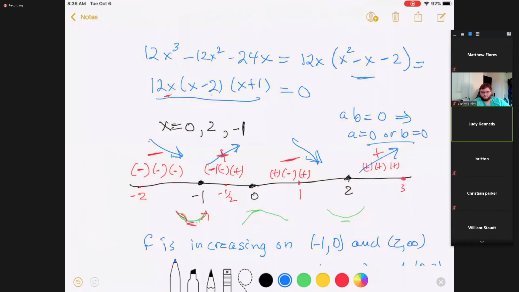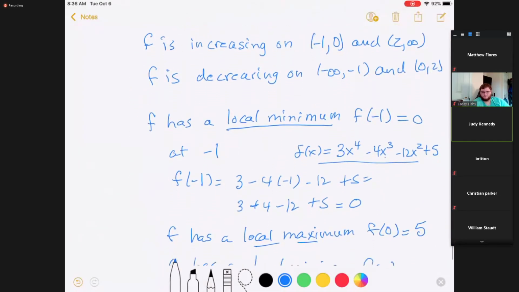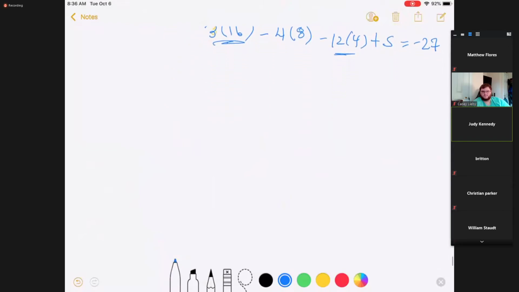Well, let me remind you, first of all, local minimum means that it's the lowest point in some interval. Let me just write that down.